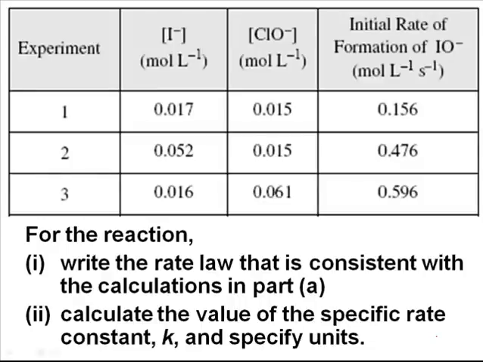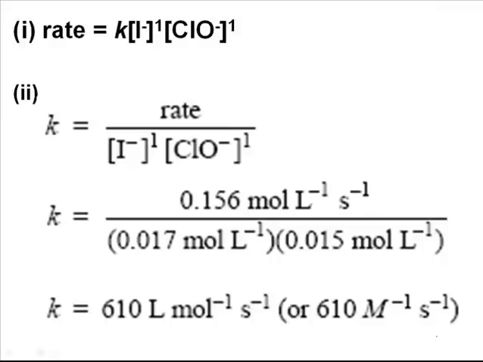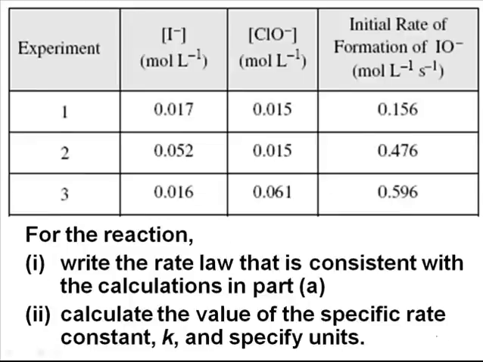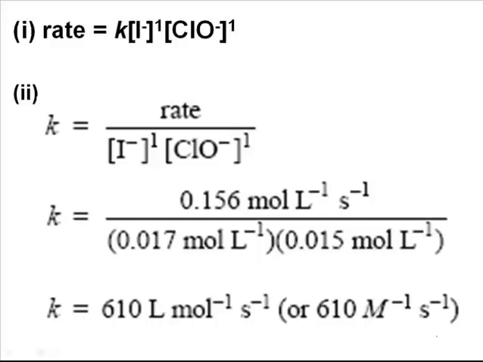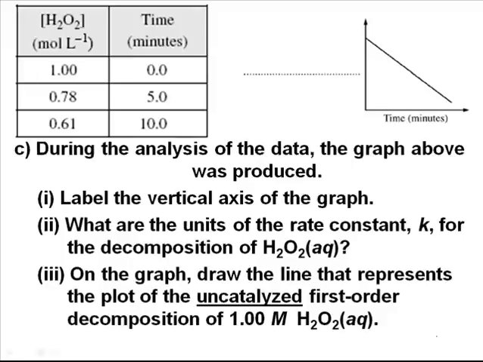Now, once we have our calculations, we should be able to get the rate law. Here are the steps for getting the rate law and the specific rate constant. You solve for the rate law, then plug back in. If you look at the analysis of the data, the graph above was produced.